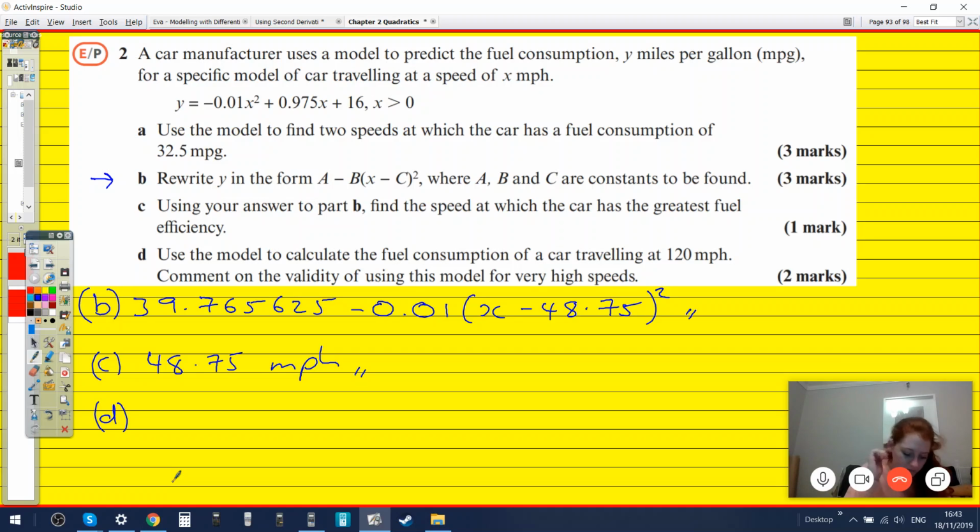Correct. I got -11. So that is equal to -11. Comment on the validity of using this model for very high speeds.